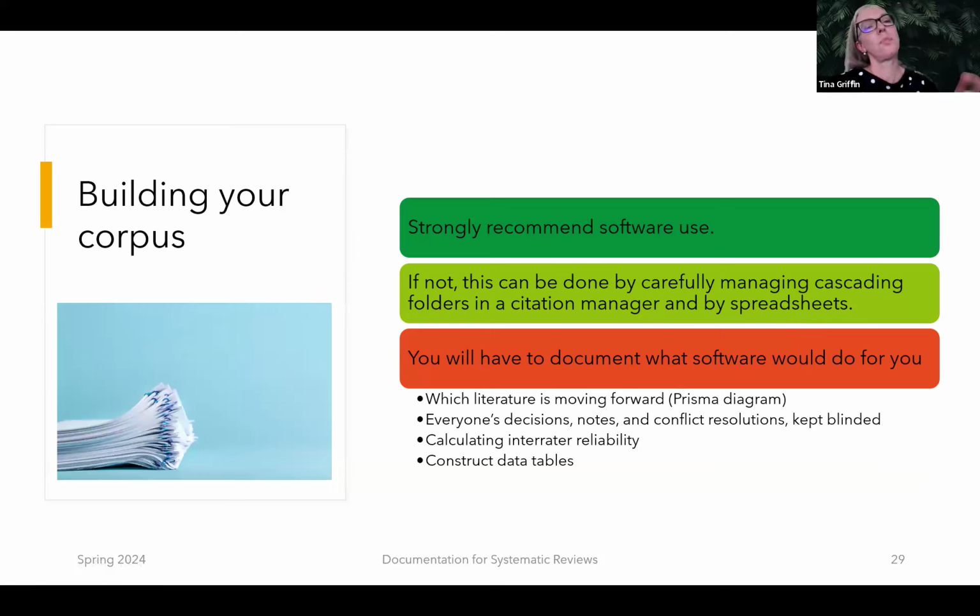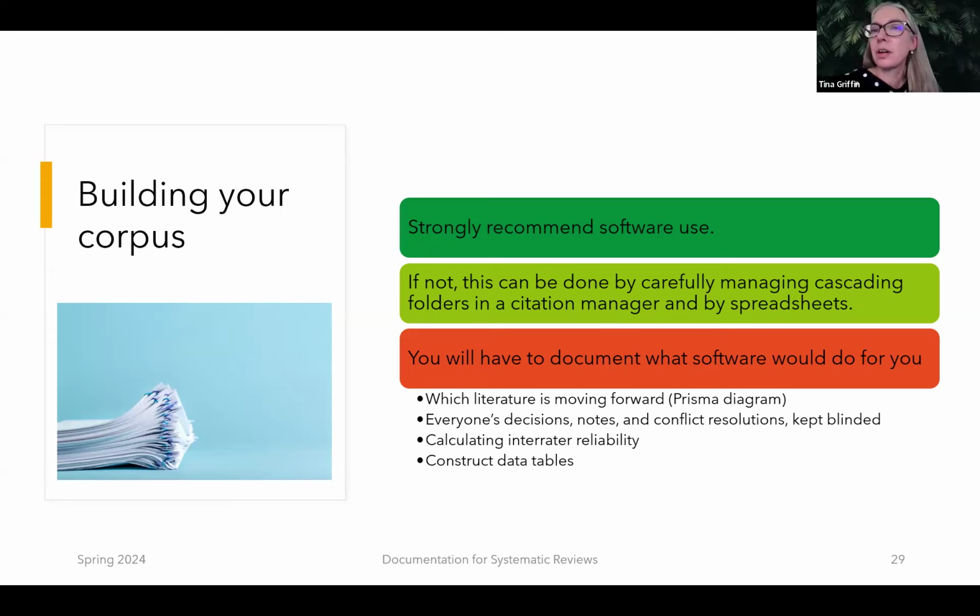So when you start building your corpus of literature, you've saved your studies and you're starting to do your screening and things like that. So you've done all your searches and you've got these literature search results and you're about to screen. I cannot strongly recommend enough that you use software.